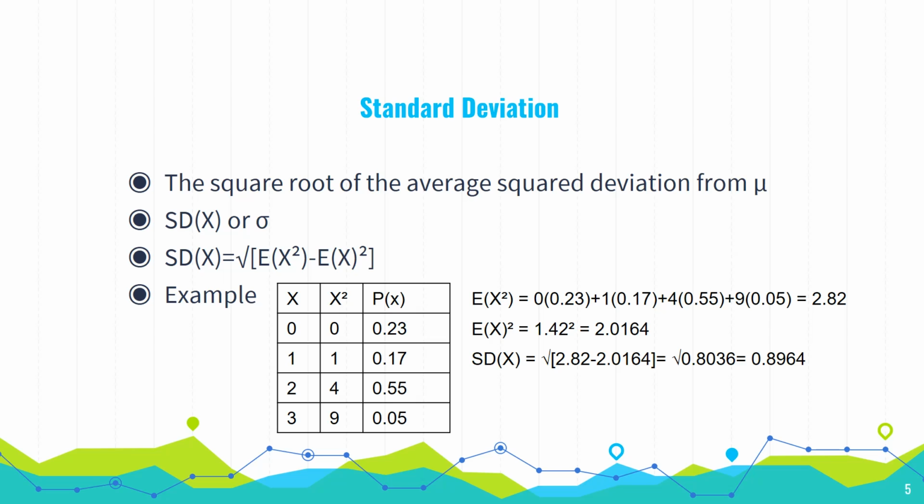What does that mean? What we do is we take all of the possible values this random variable could take, and you would say, okay, how far is it from the mean, or the expected value, square all of those deviations, and then you take a weighted average, where the weighting is by the probabilities.